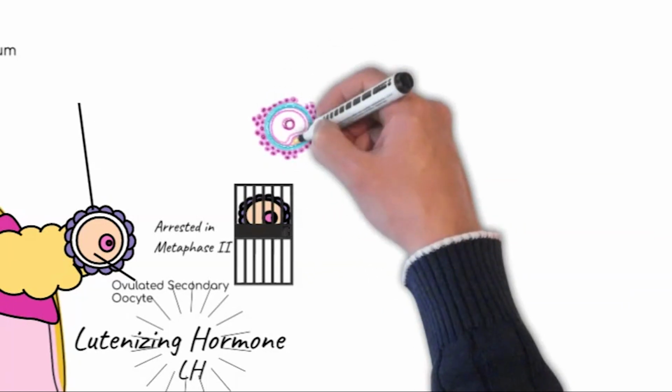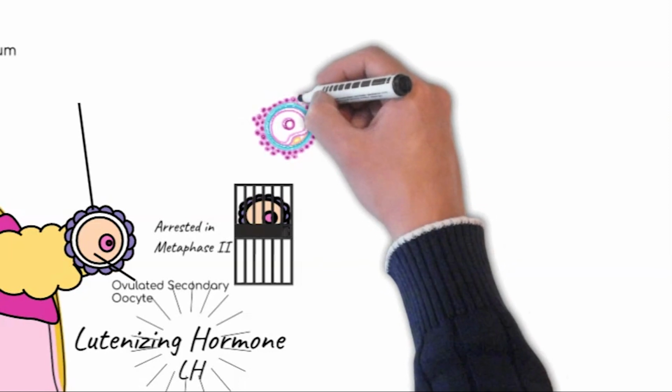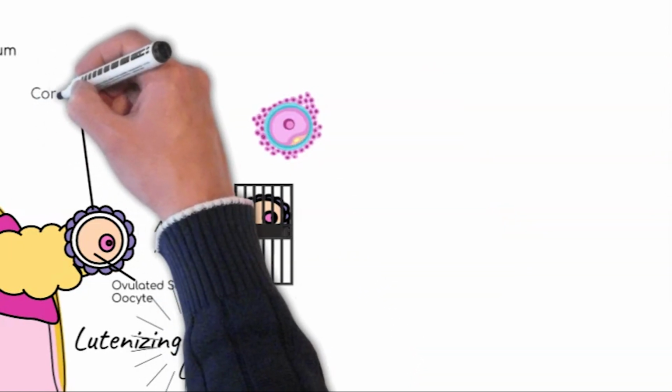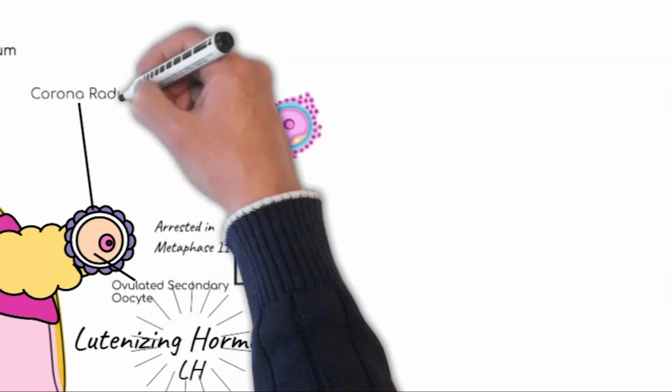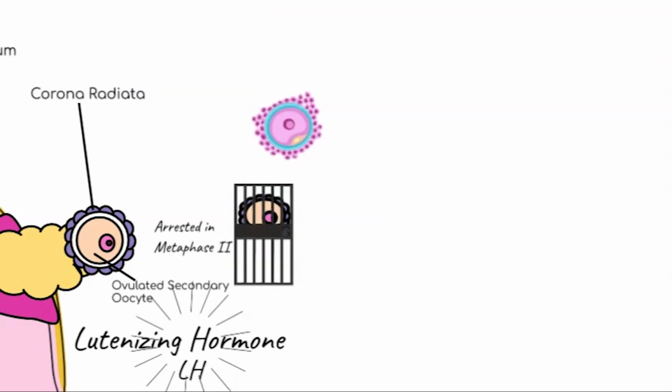This arrangement of the Cumulus Oophorous cells is called Corona Radiata. Radiating crown, I guess. Corona Radiata. The ovum is still arrested at metaphase 2 of the second meiotic division.